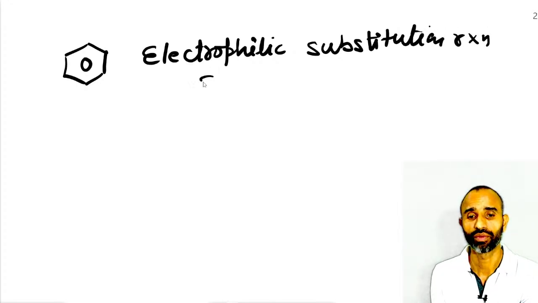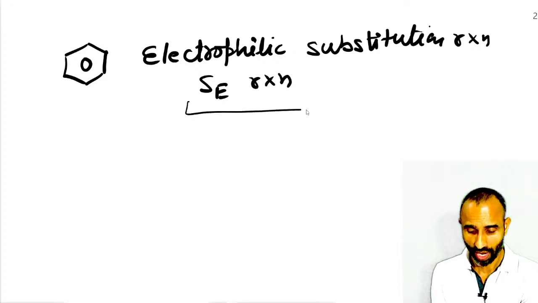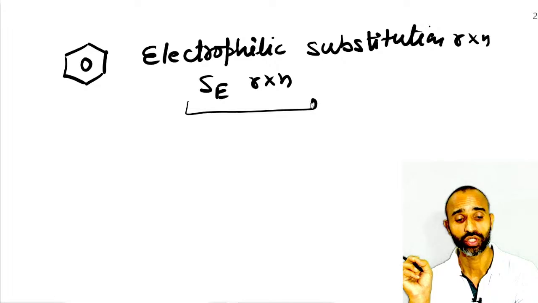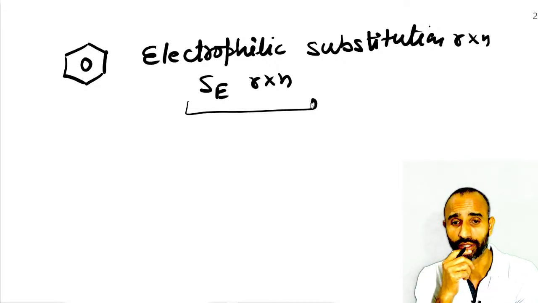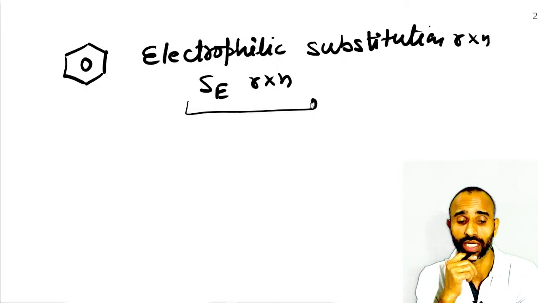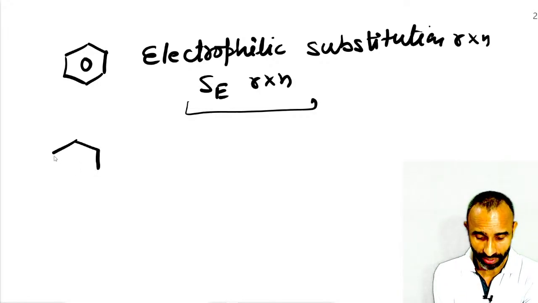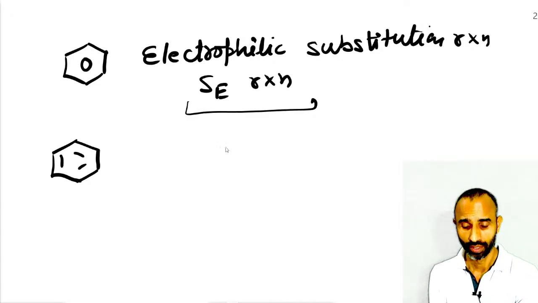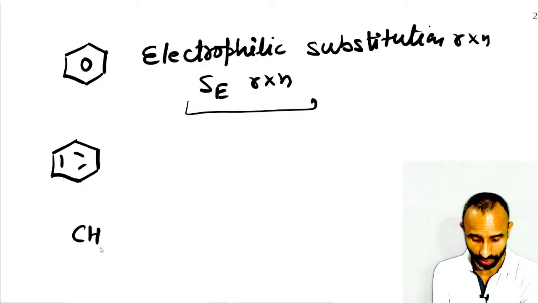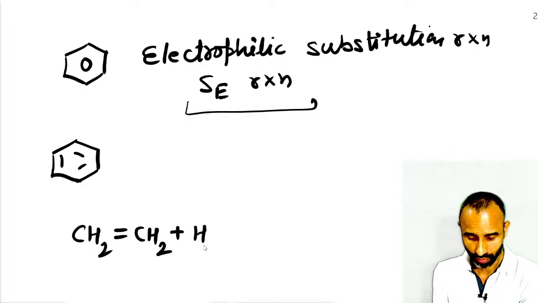Sometimes we can write it as SE reaction. So why does it undergo electrophilic substitution reactions rather than addition reaction, in spite of a high degree of unsaturation? Because there is a pi bond. If we have propene or ethene, on catalytic hydrogenation we get ethane.